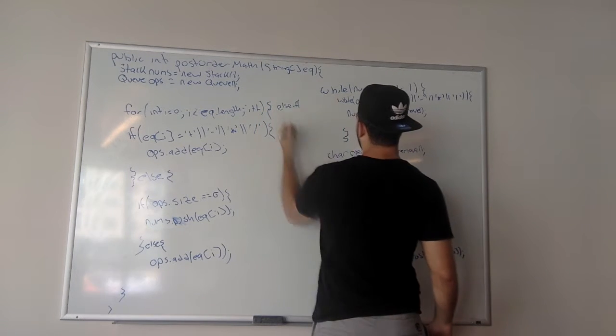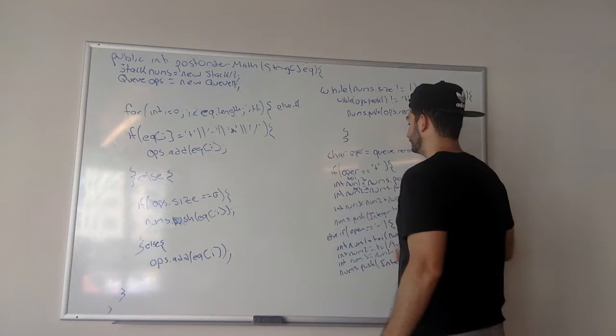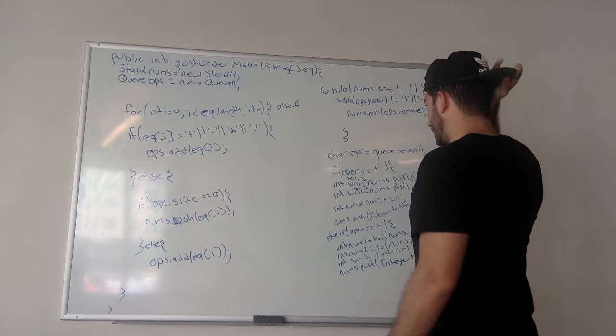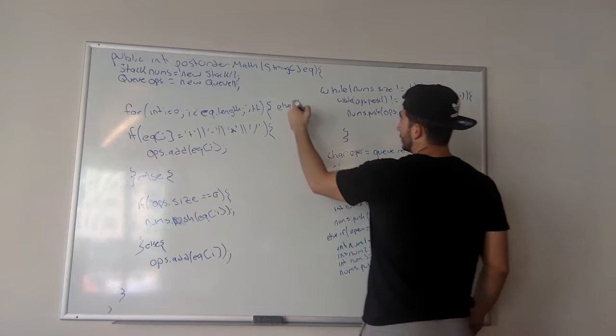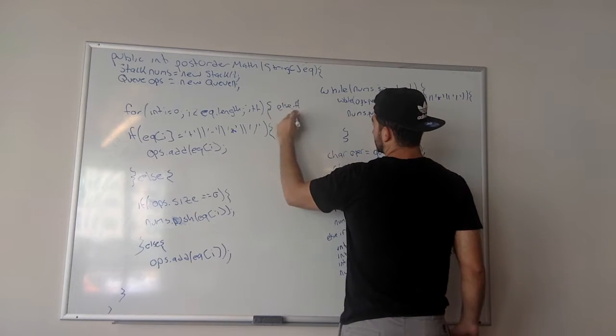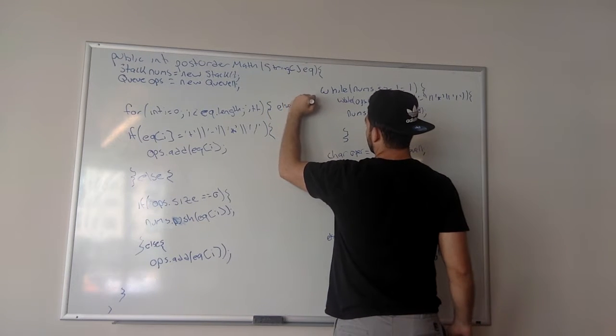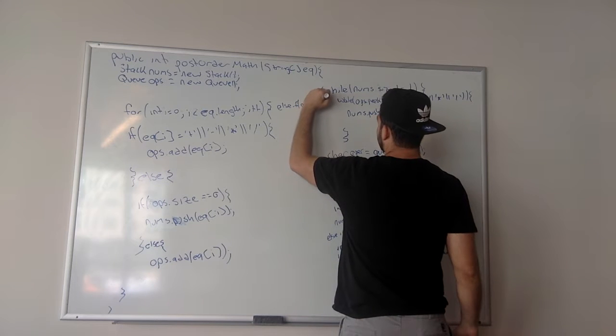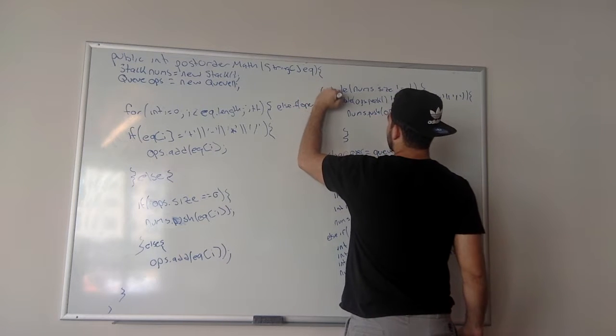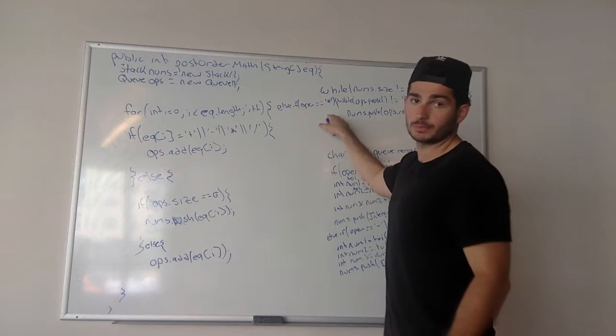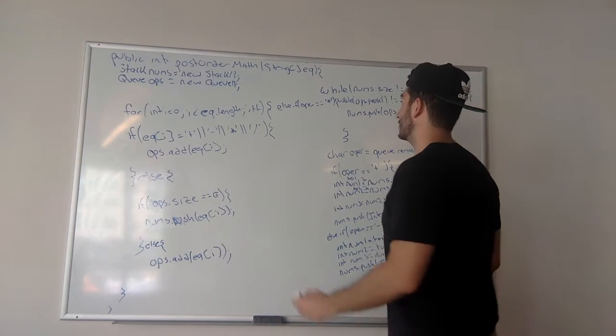So now we're on multiplication. So else if operator equals multiplication, we're just going to do the same thing one more time.